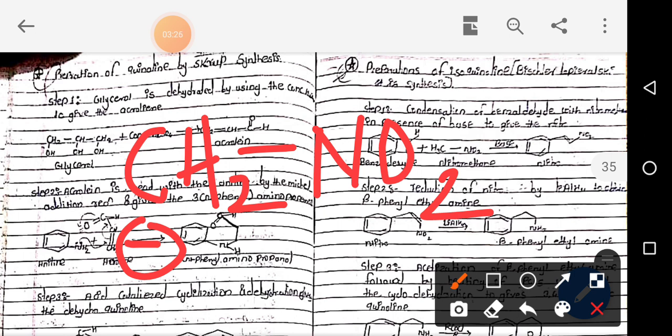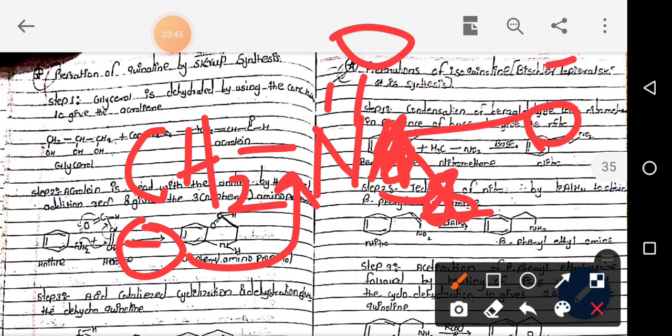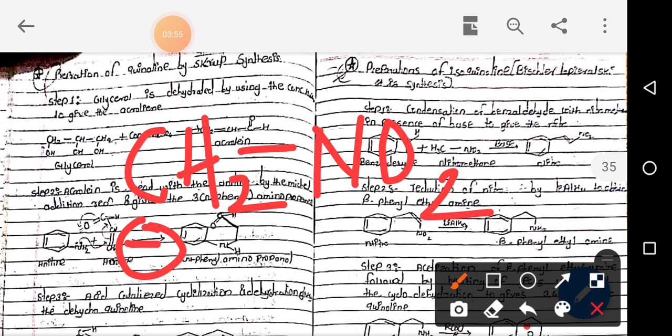This acts as a nucleophile because it is in resonance with the NO2. So it is a strong nucleophile. It can give resonance here, and the NO2 is present in the form of NO minus. So it is a good resonance structure, it can easily form the carbanion, and that carbanion is very strong.